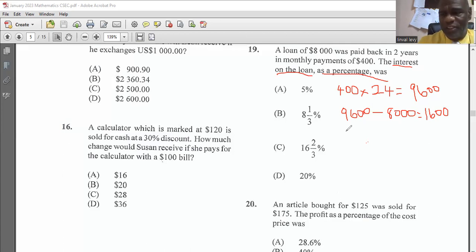So it is $1,600 over 8,000. And remember, we're finding percent. So we're going to multiply that by 100.